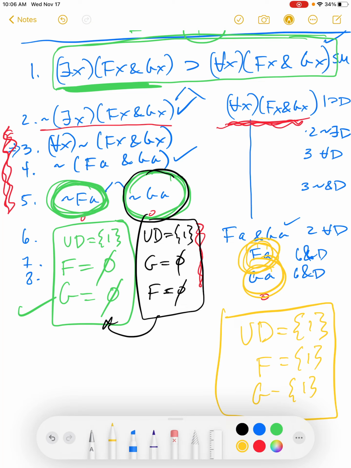And let's go back and take a look at whether it works. There's one thing in the universe, and it's both in the extension of F and G, and so that turns out to be true, right? But so does this. If there's only one thing in the universe, and it's in the extension of F and G, then everything is in the extension of F and G, so that's true. So the whole conditional is true. So if you've got a good grip on these abstract interpretations, it puts you in a very good position to do what I just did and understand what you're doing, which was another reason that I introduced that method back in Chapter 8.